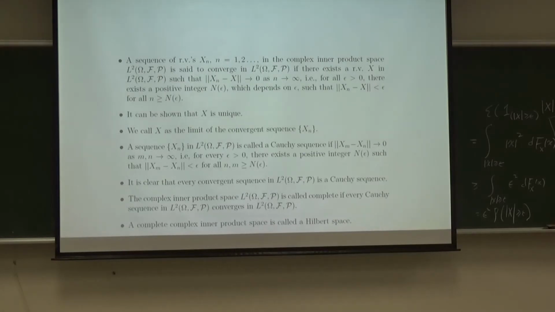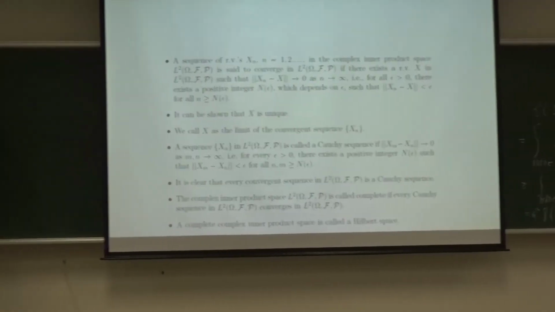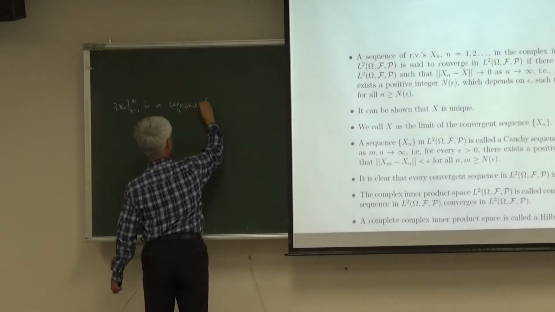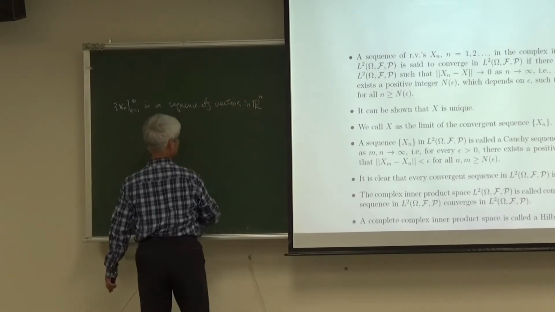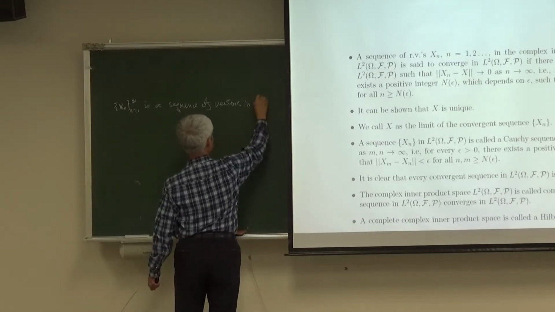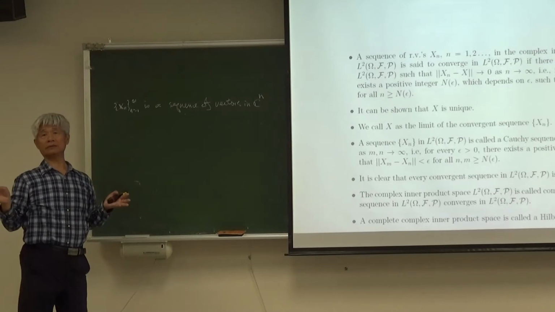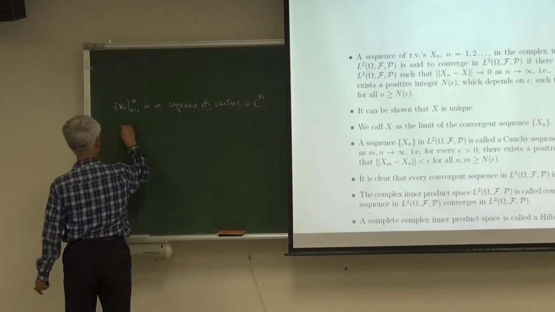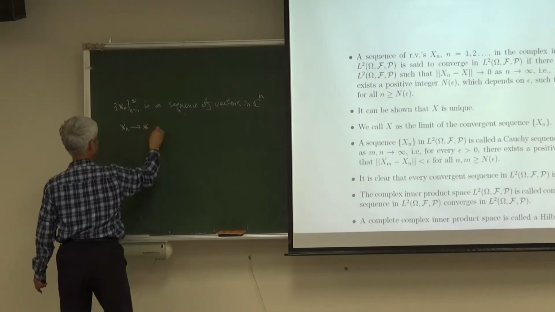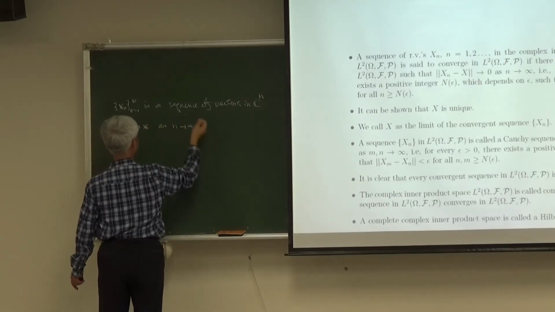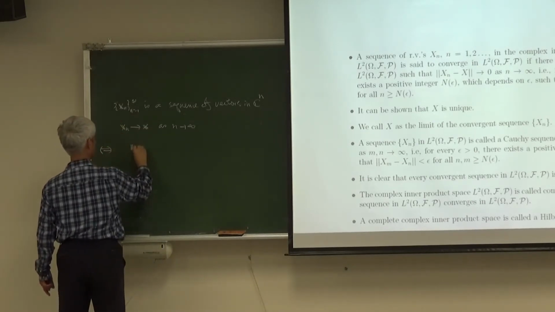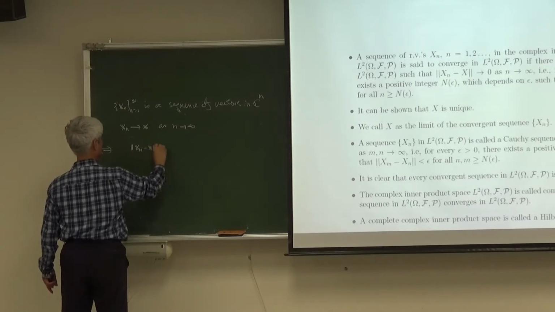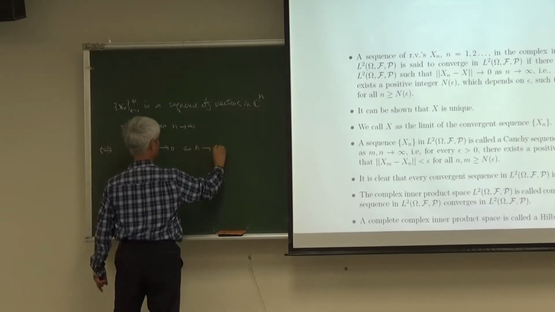So Xn is a sequence of vectors in Rn or in Cn, so each Xn is an n-dimensional complex vector. And we say that Xn goes to X as n goes to infinity if and only if the distance goes to 0 as n goes to infinity.